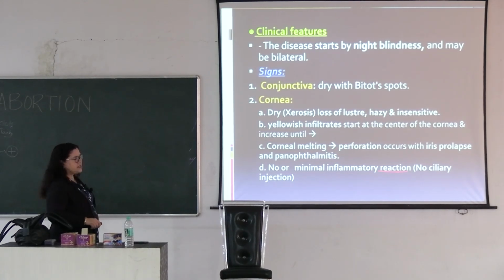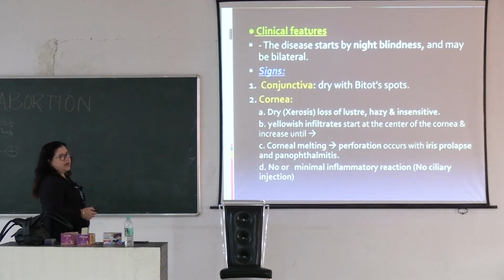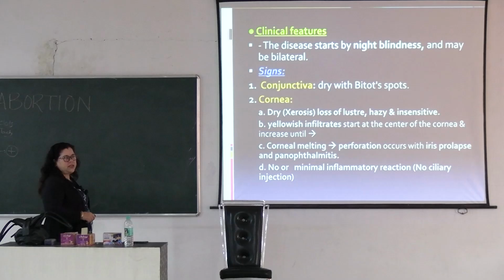When the cornea is involved, there is dryness of the cornea, it is lustreless, and due to dryness a hazy cornea occurs. The patient is also insensitive, and yellowish infiltrates start at the center of the cornea and increase. Then if corneal melting continues, perforation occurs, and there is prolapse of the iris.